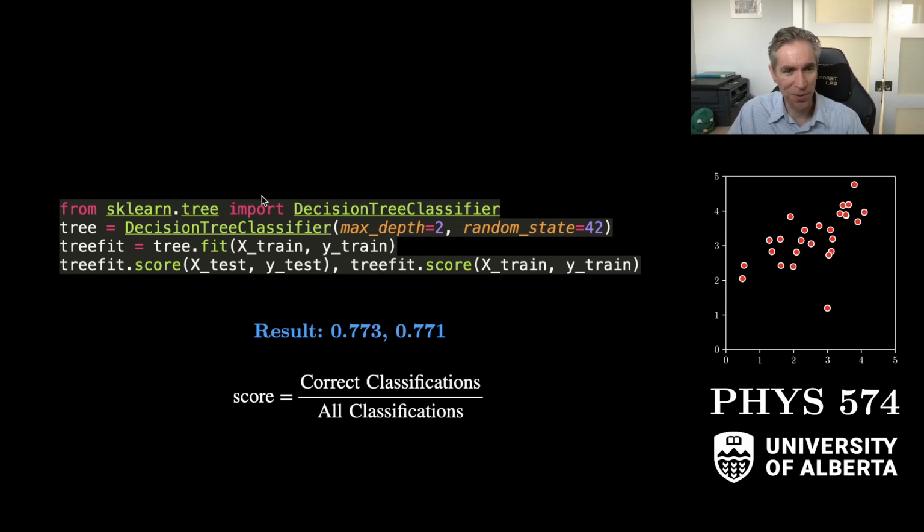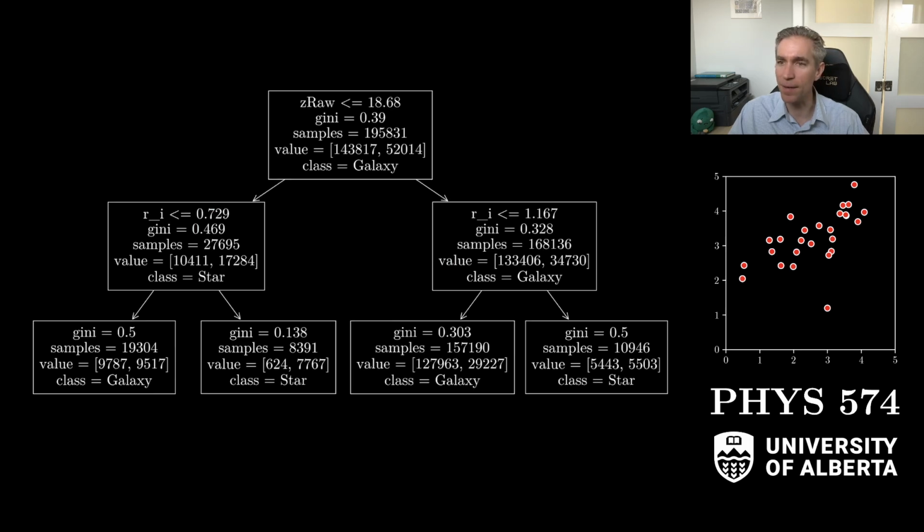You can actually go through and visualize what this tree looks like. That's one of the functions of the decision tree methods in Python. It'll just spit out a nice little graph that looks like this, and you can see how it's doing the division. It basically takes the Z magnitudes and says, is it less than or equal to 18.68?